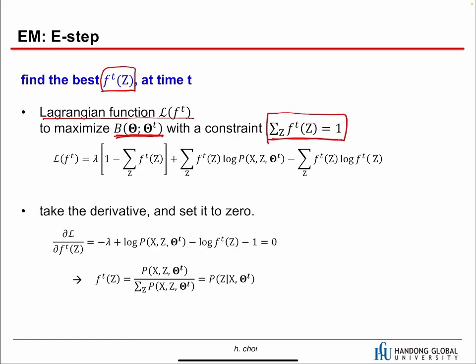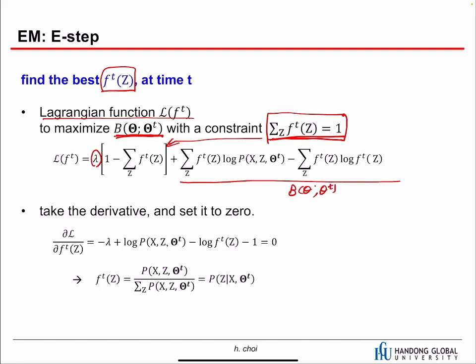We maximize this one with the constraint. Is it familiar? Right, we have to use a Lagrangian multiplier. So we have lambda, the Lagrangian multiplier, and this goes into this one, and this one is b of theta t.